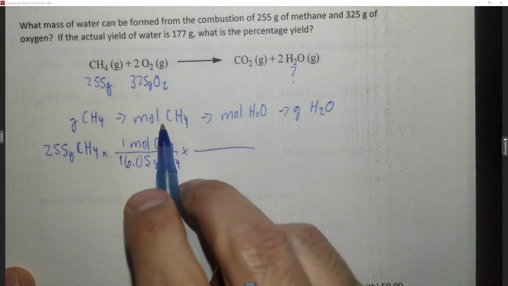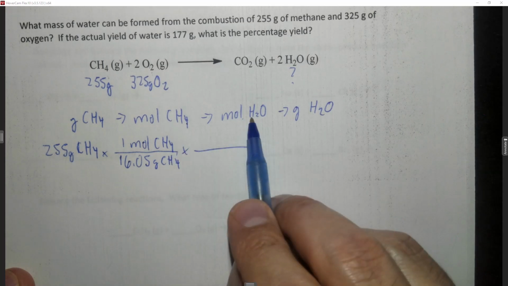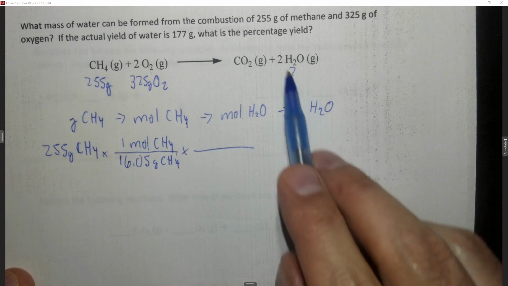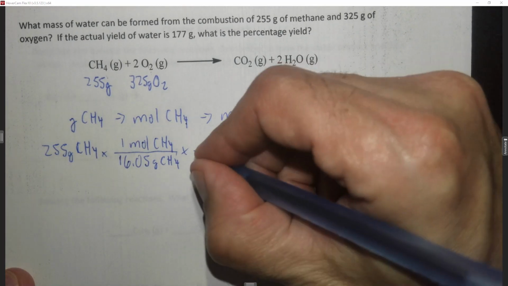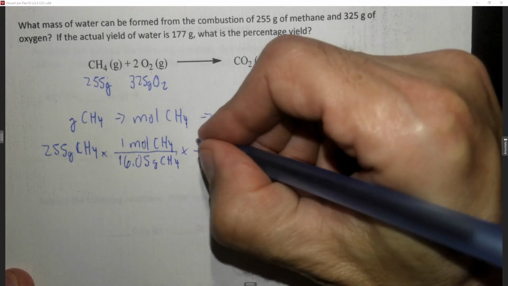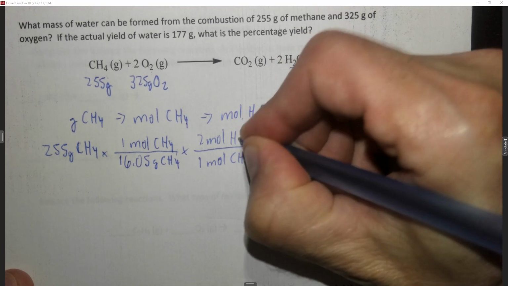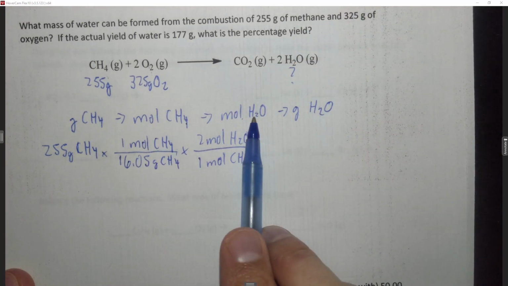Now we need to convert from moles of methane to moles of water. To convert from moles of one thing to moles of another, we're always using a balanced chemical equation. In this case, 1 methane gives me 2 water. I want methane to cancel, so I put 1 mole of CH4 on the bottom and 2 moles of H2O on the top. Now I've converted moles of CH4 to moles of water.